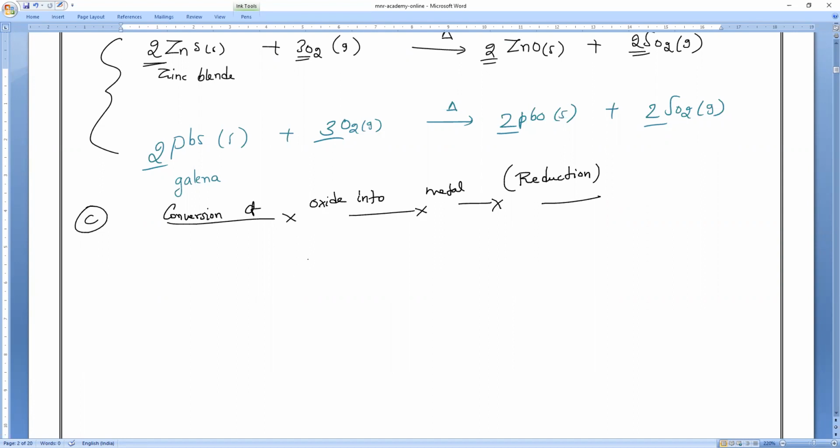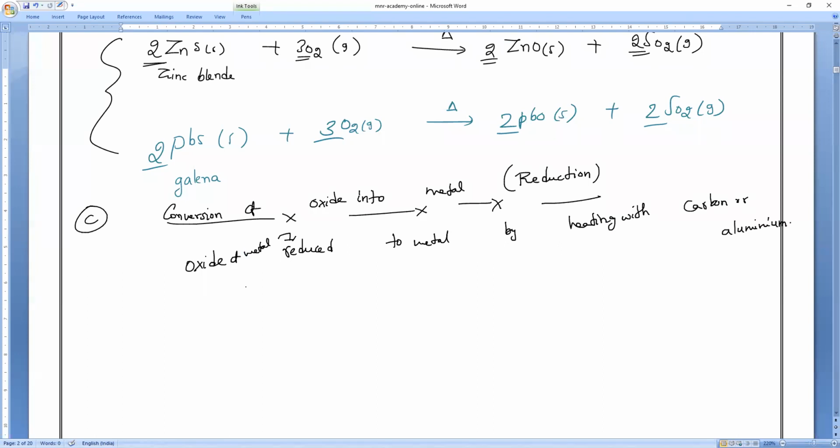So remember, the oxide of a metal can be reduced by simply heating with what? Oxide of metal is reduced to metal by heating with carbon or aluminum.